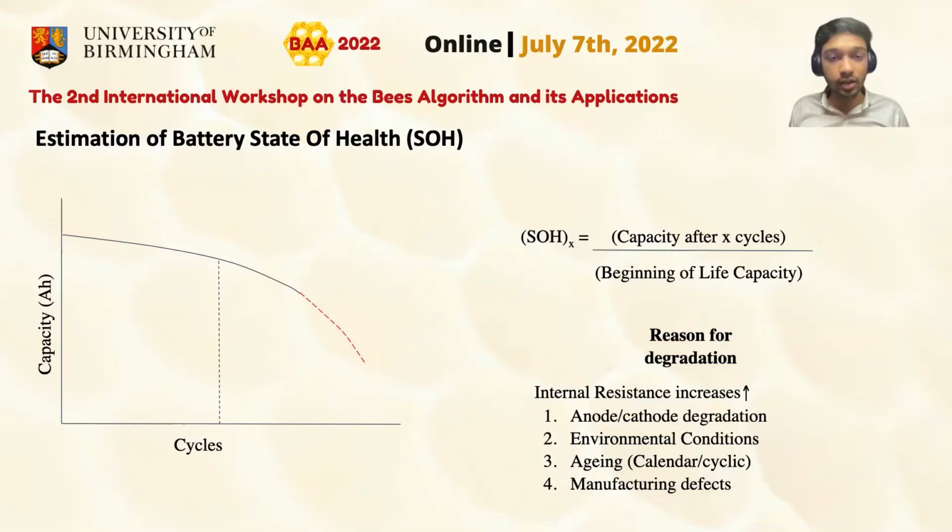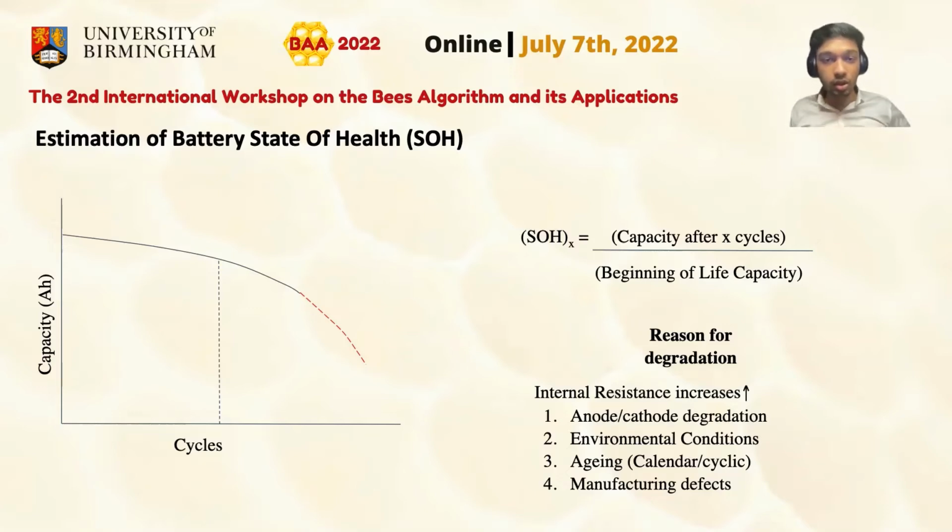The various factors that affect the life of the battery are calendar aging, external atmospheric conditions like temperature and humidity, increased resistance due to manufacturing defects, an extensive number of charging-discharging cycles, also known as cyclic aging, and anode-cathode degradation due to battery aging.